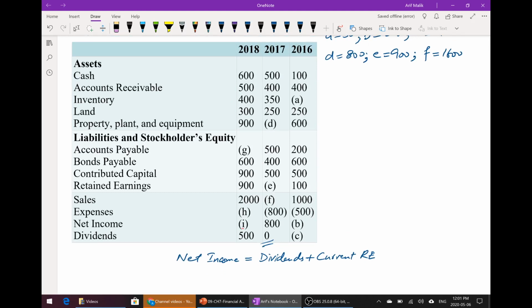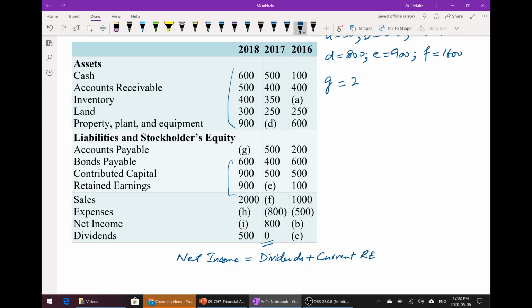Now we move to 2018. In 2018, G, H and I have to be worked out. G can be easily found because we have all the assets mentioned there. So G is just the summation of this one minus these will give us G. So let's work out G. G is equal to this summation: 6 plus 5 is 11 plus 4 is 15 plus 12 is 27.